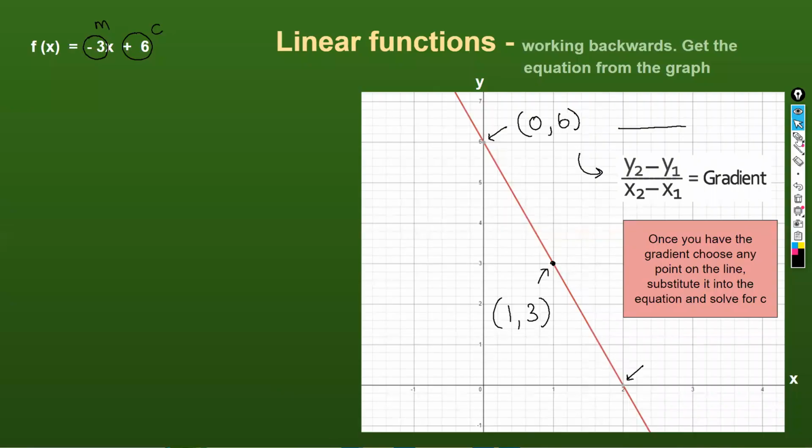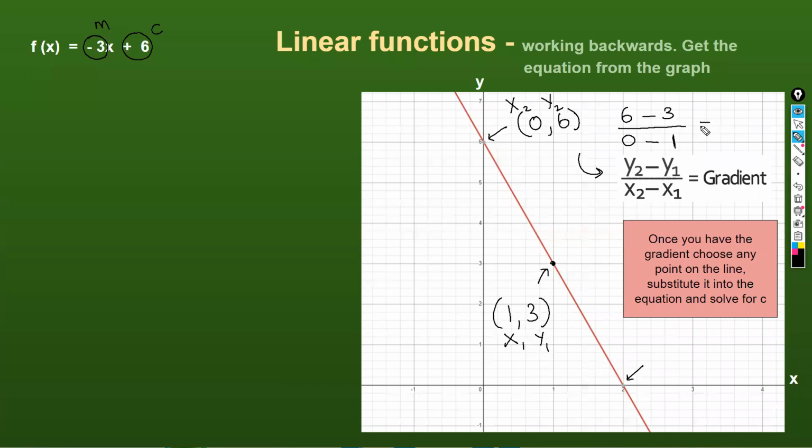So let's work out the gradient. I'm going to choose the underneath point here first. So I'll call it x1 and y1. And the other point on top will be x2 and y2. Doesn't matter which one you choose first. So according to this, y2 minus y1, 6 minus 3, that is on top. And then x2 minus x1. x2 is 0 minus, and x1 is 1.